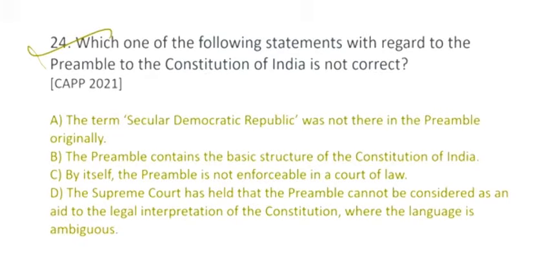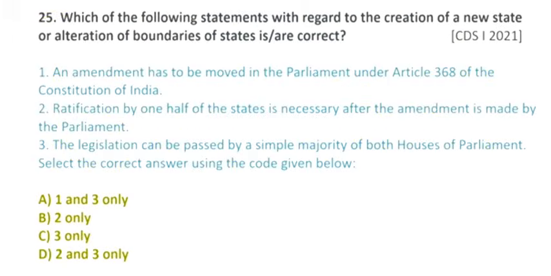Which of the following statements with regard to the preamble of the Constitution is not correct? D. The Supreme Court has held that the preamble cannot be considered as an aid to the legal interpretation of the Constitution where the language is ambiguous. 25. Which of the following statements with regard to the creation of new states or alteration of boundaries of states are correct?